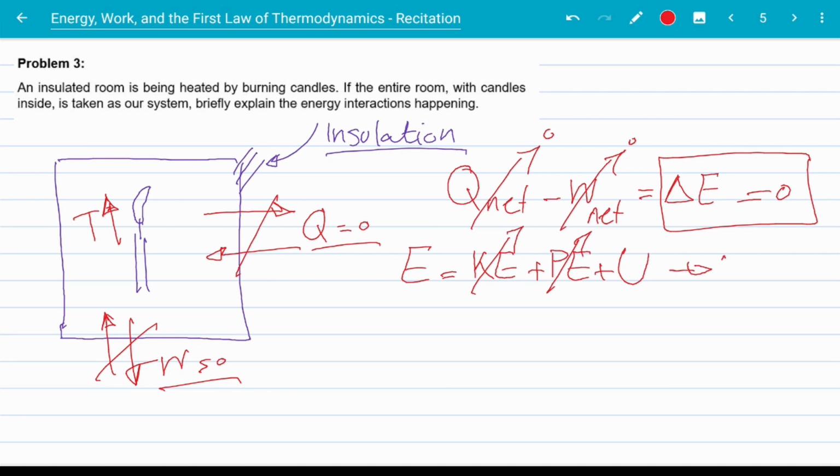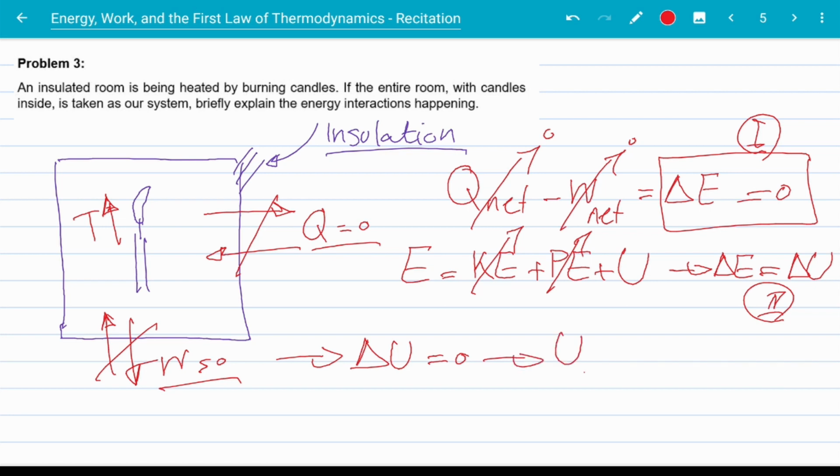So delta E is actually delta U, internal energy only. So combining these two equations, equation 1 and equation 2, we get that delta U, or change of internal energy of the system, is 0, which means internal energy at the final state with the higher temperature is equal to internal energy of the initial state.